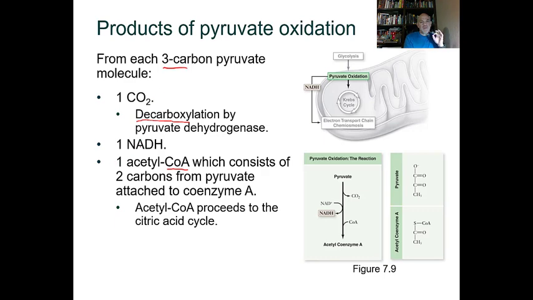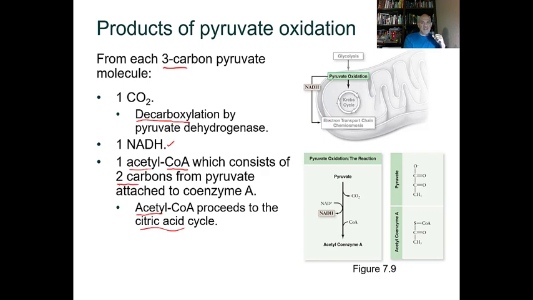Each pyruvate is also going to end up giving us 1 NADH, so we're going to be removing a hydrogen off of the pyruvate during this process. We're going to dehydrogenate, which means we're oxidizing the pyruvate. Remember, when you take the hydrogen off, you're removing an electron, right? So what you end up with is, again, that 2-carbon compound called acetaldehyde, and then it binds to the coenzyme A. So the connection here is that pyruvate then becomes the 2-carbon acetyl coenzyme A, which then goes into the citric acid cycle.